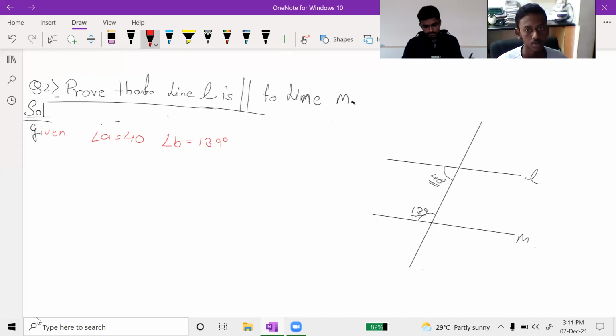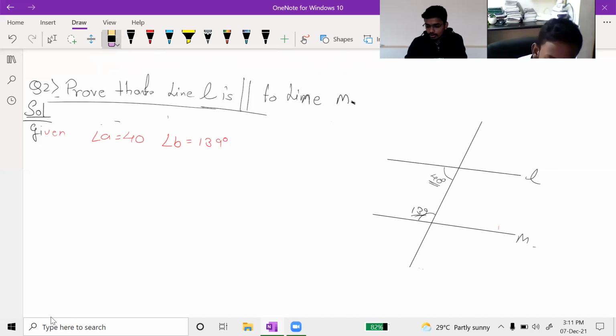Now I would like to ask you one question. If these two lines were parallel, then the sum of these two angles would have been the same. I'm talking about the sum, beta, addition. What would be the addition of these two angles?